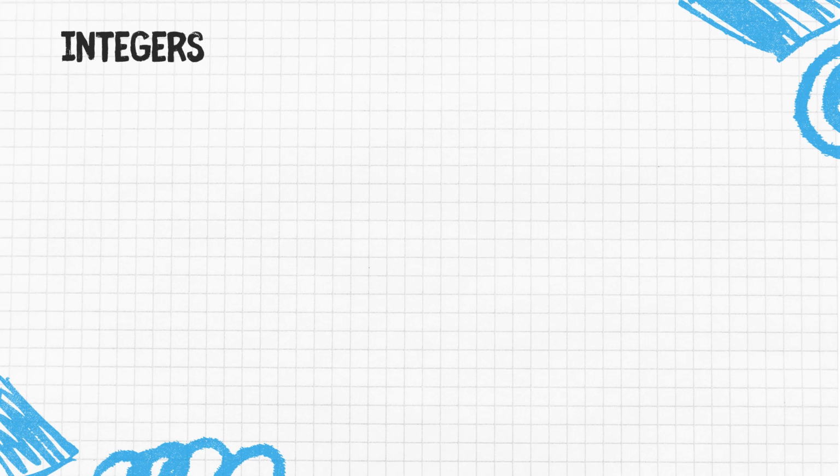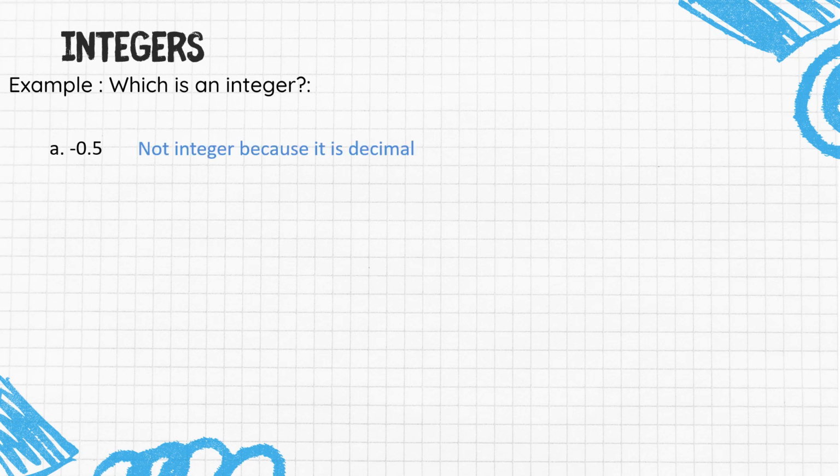Let's have an exercise. Which is an integer? Tell me. Minus 0.5. Is it an integer? Who can tell me? Excellent, math champions. It's not an integer because it is a decimal number. What about minus 5?